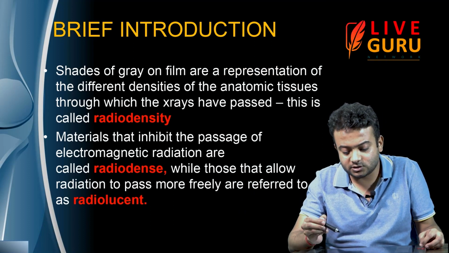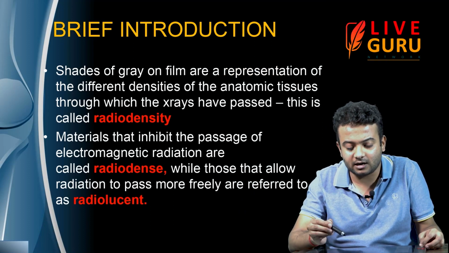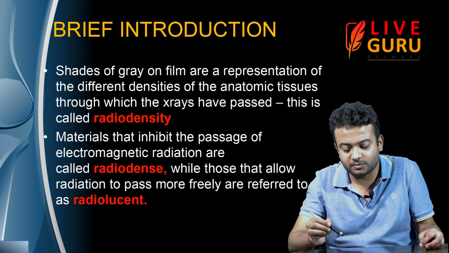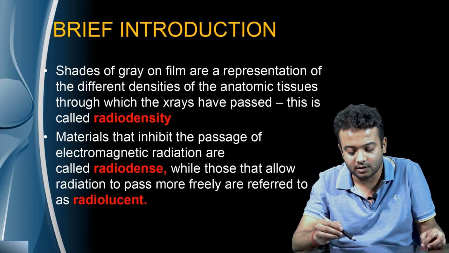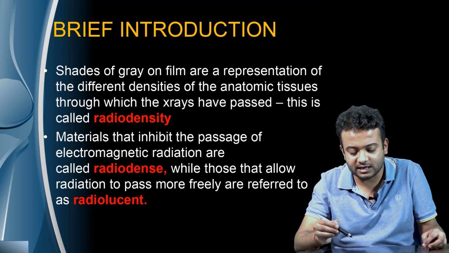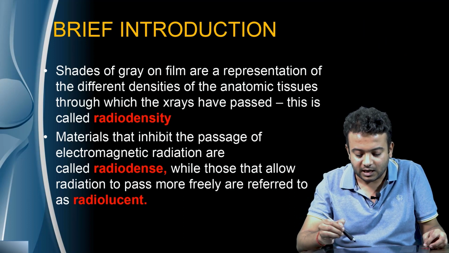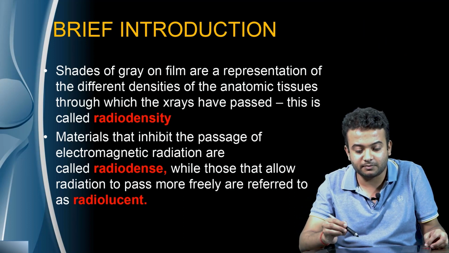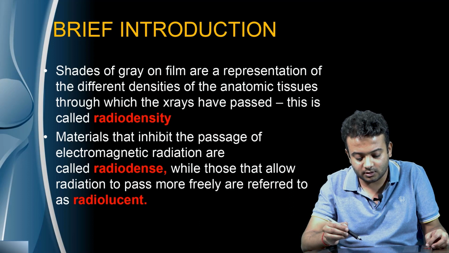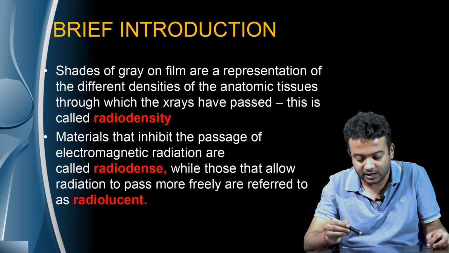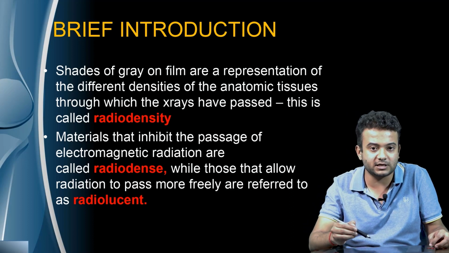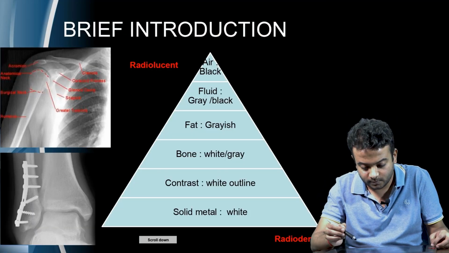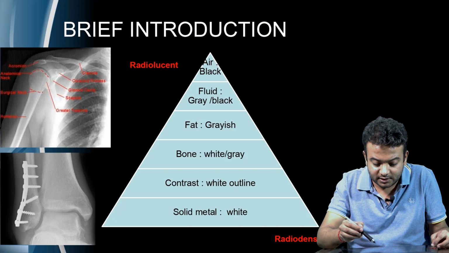The basic introduction to the X-ray: images are given as shades of gray in the film, based on the various densities of the anatomic tissues that the X-ray passes through, referred to as radiodensity. Materials that inhibit the passage of radiation are more radiodense, and those that allow the radiation to pass through easily are referred to as radiolucent.